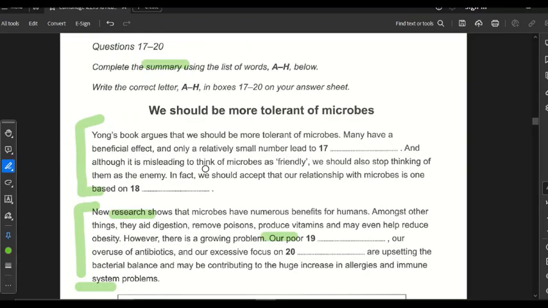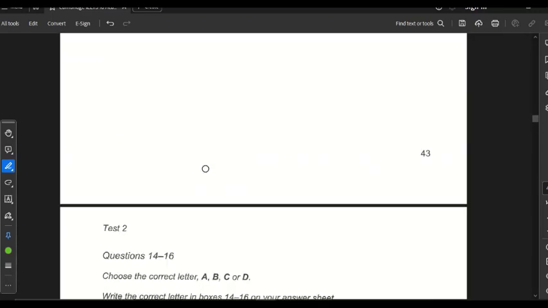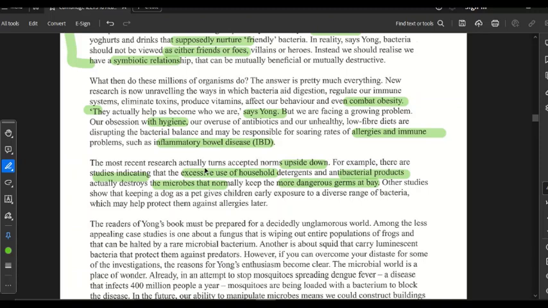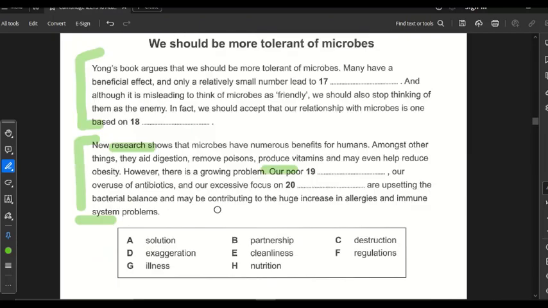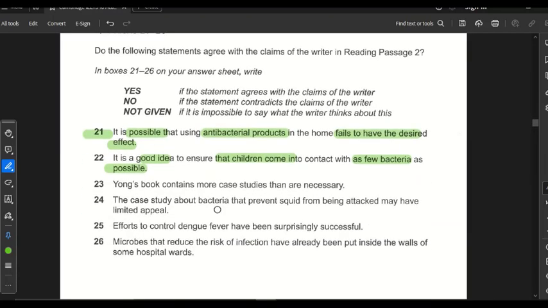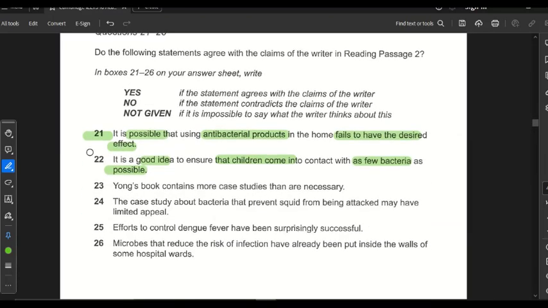But here it has failed, because those that are supposed to be the normal ones, keeping the dangerous ones at bay, are being taken care of by this product. So it hasn't achieved its purpose. That's what makes this sentence a yes. Okay, now let's look at the second one. Let's proceed and read.